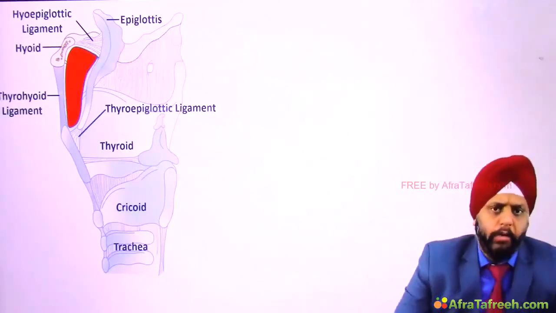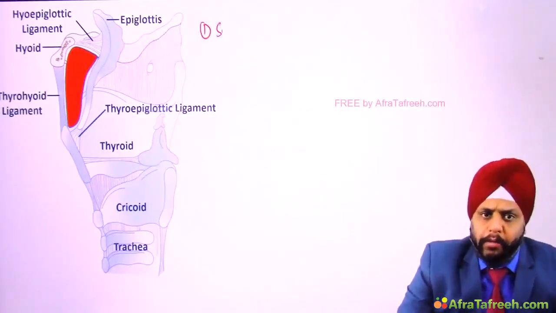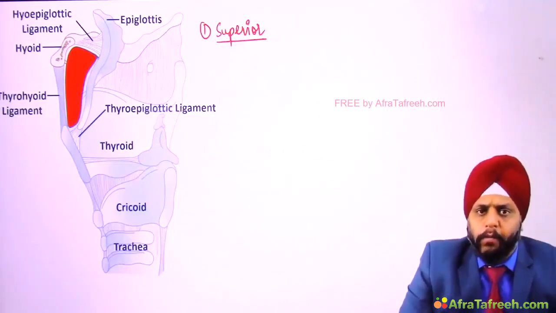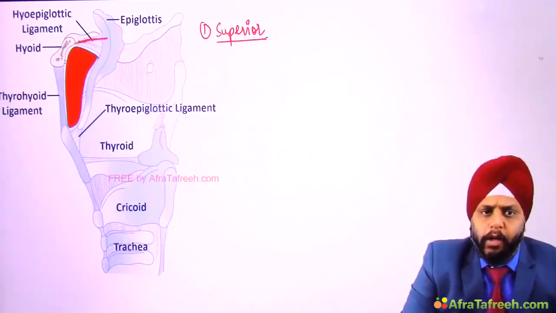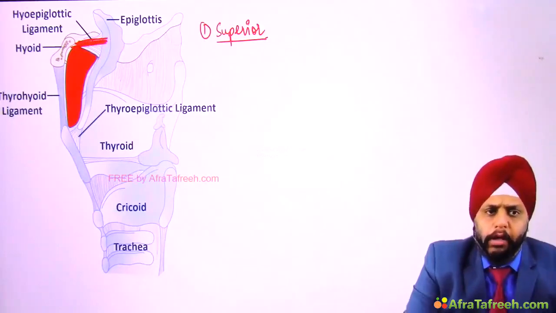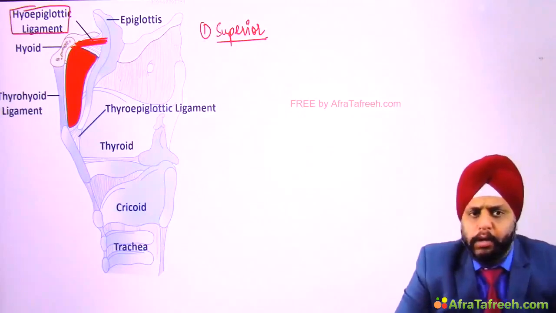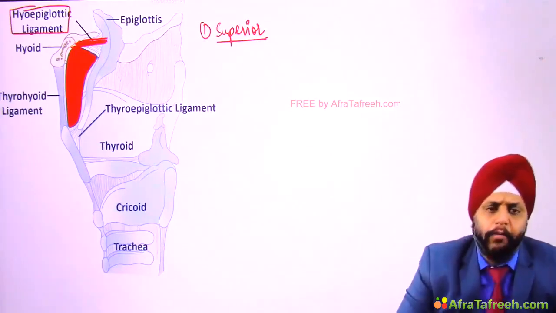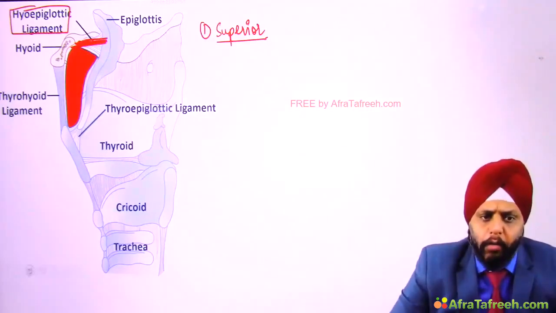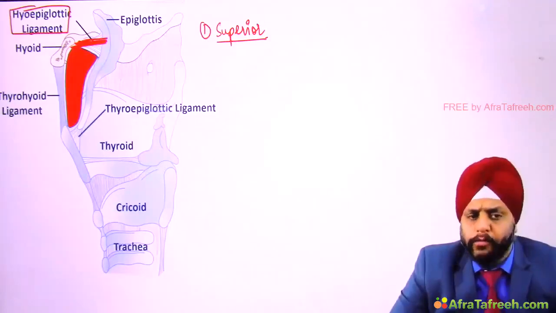Okay. So, number one, superior boundary. Now, what do we have in the superior boundary? The superior boundary is formed by hyoepiglottic ligament. Okay, that forms the superior boundary. Now, what about the posterior boundary?